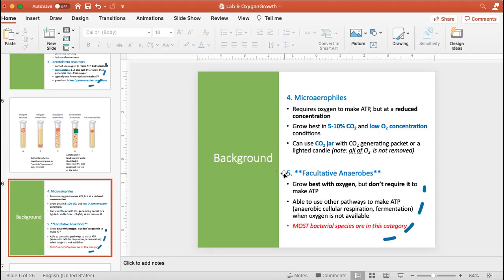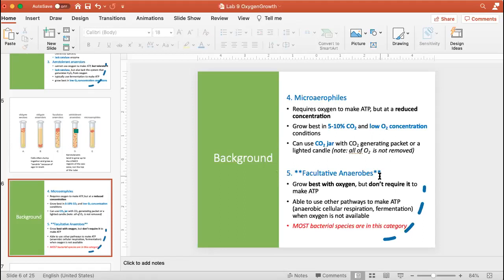Last on the list is a group called the facultative anaerobes. This word facultative tells us that these are organisms that can switch. They can switch very readily between metabolic pathways. They are anaerobes. Remember, that means they can grow without oxygen.